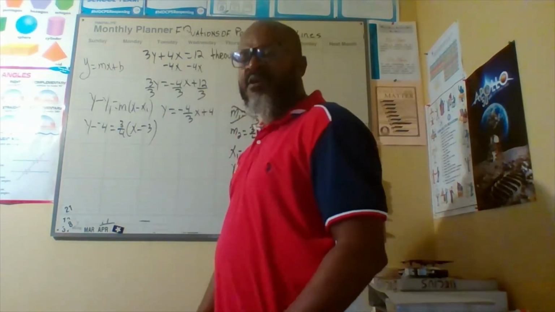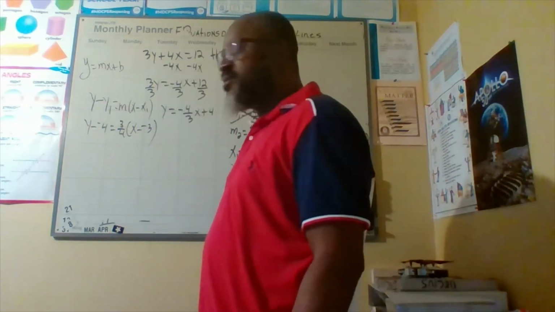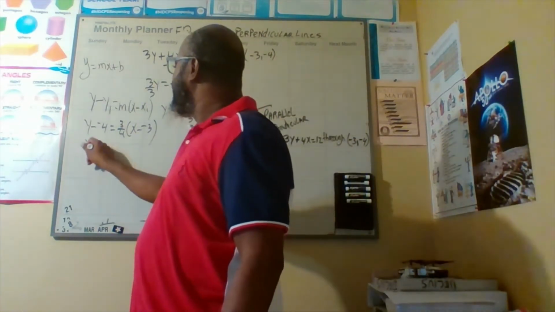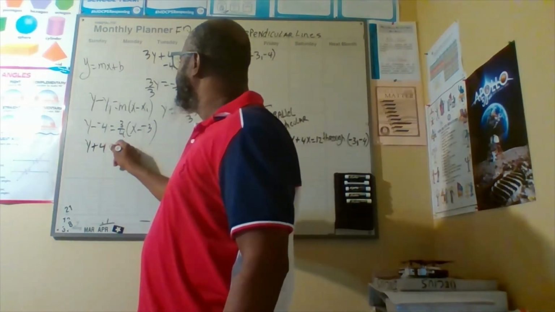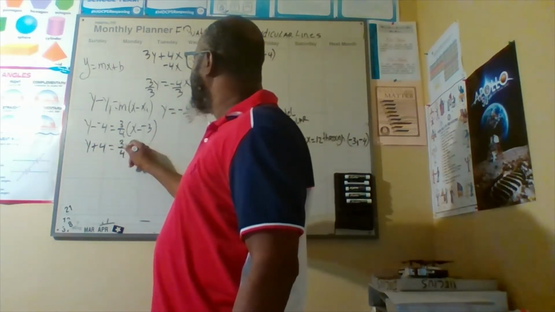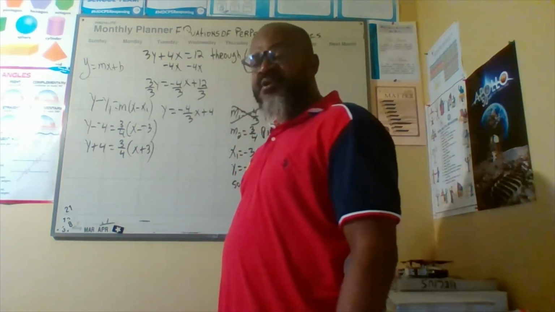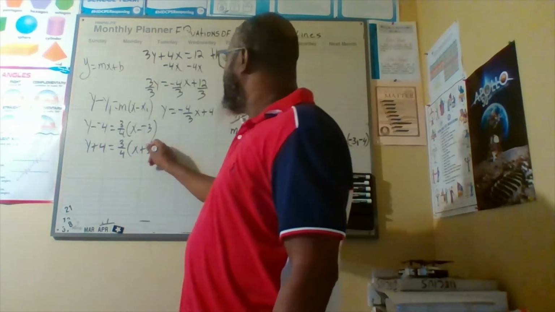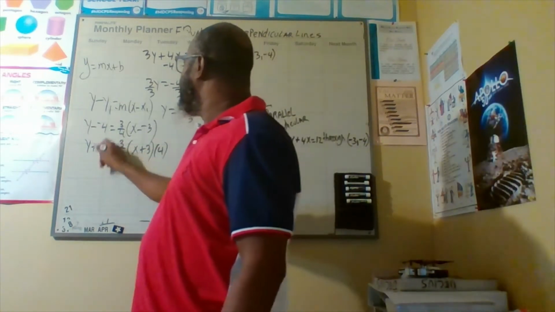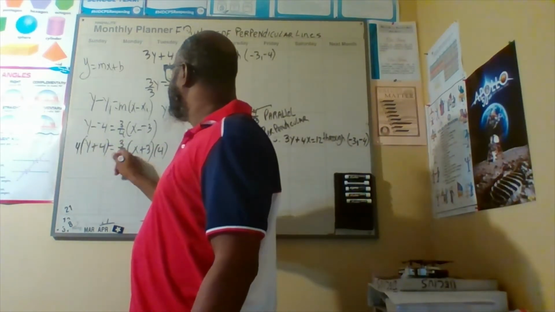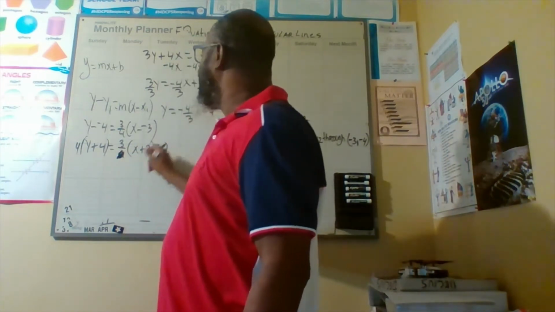Then we need to simplify those double negatives. Then you will have y plus 4 equal 3/4 times x plus 3. Since you don't want to do the fraction, multiply both sides by 4, which is your common denominator. And this 4 cancels with that 4, then you distribute.